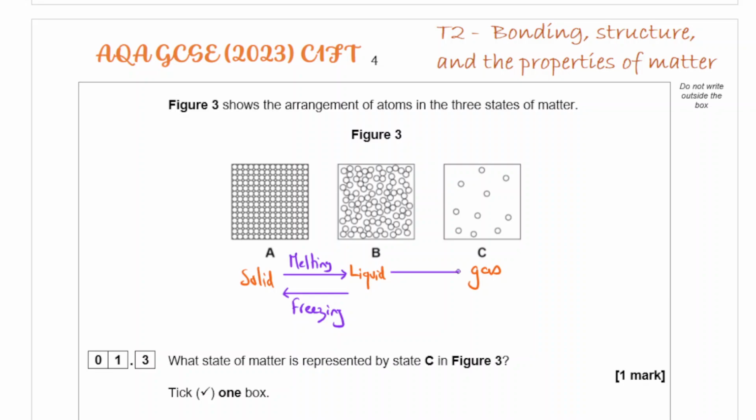Liquid to gas, that's evaporating or evaporation. And the reverse is condensation. So B to A will be freezing.